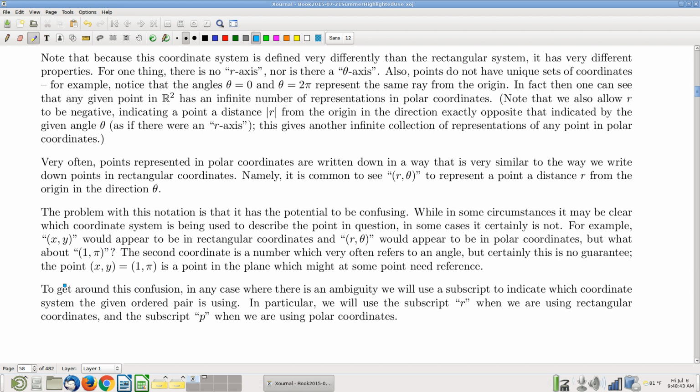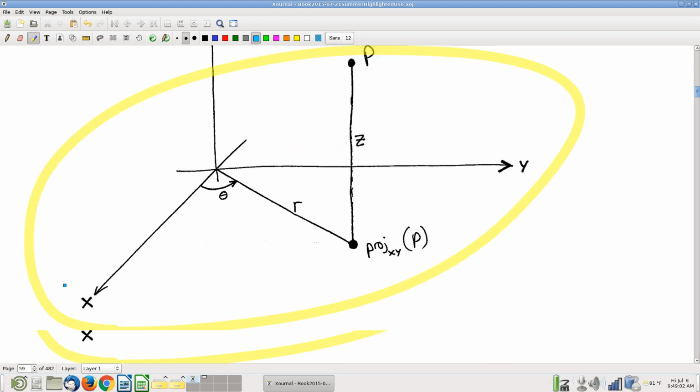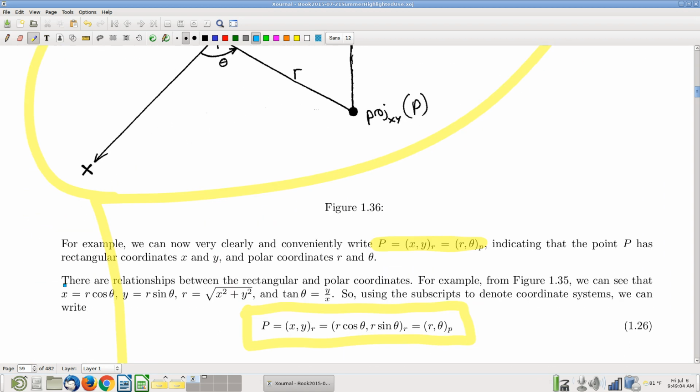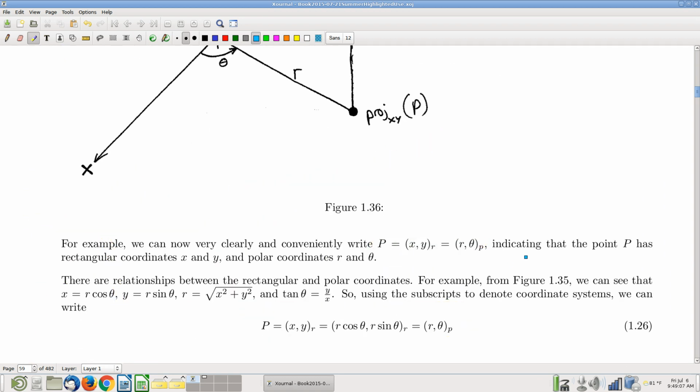So just be aware of this potential for confusion. If you think there's any possibility that your reader, namely your grader, or someone you're talking to might be confused about what you mean, make sure to be unambiguous. Put an extra word or two in there, like polar coordinates. Here in the book, I've made up an idea that I doubt will ever catch on: a little subscript.